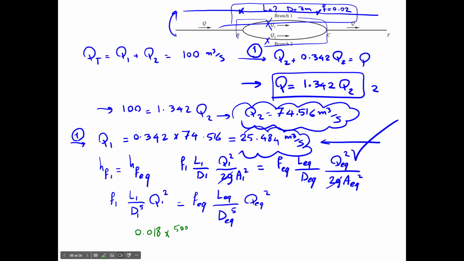L1, 500. D1, 2 power to 5. Q1, 25.484 square. F of equivalent, it says that consider this one. L of equivalent, this is exactly what you are looking for. It says that consider 3 for diameter. Q of equivalent, what are you going to use for that?